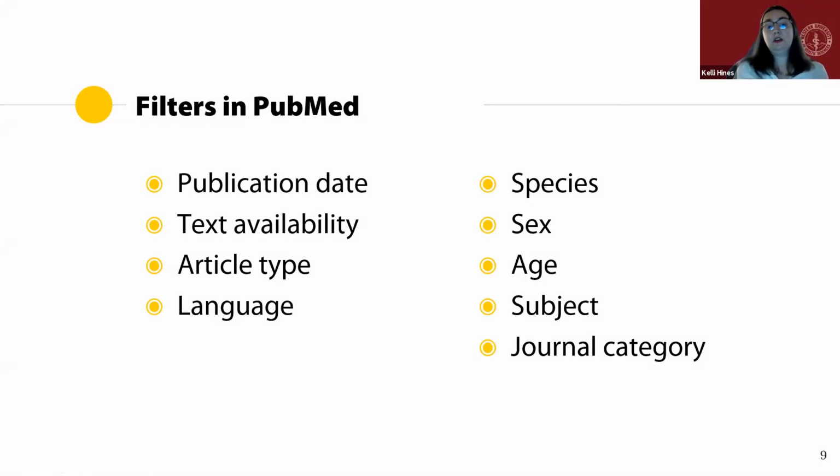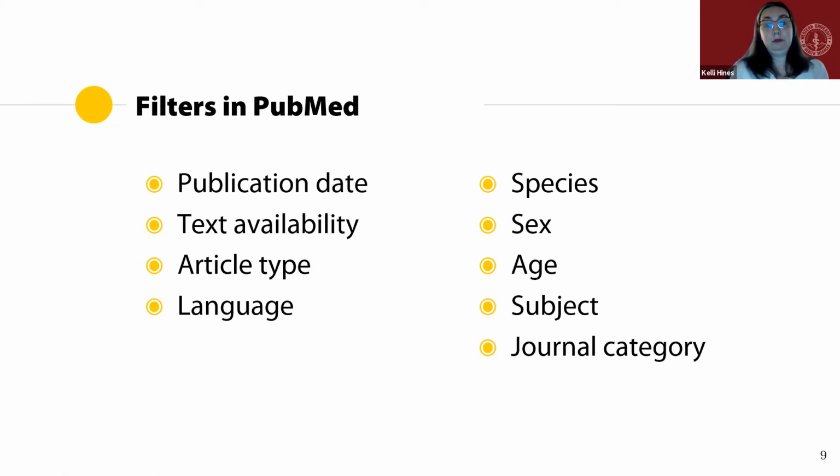So some of the filters that are available in PubMed, you can filter by publication date, by text availability. I encourage you not to do this except in cases of emergency. For example, if you need it today, then you can filter by full text. But the danger is that you'll eliminate relevant results that you may actually have access to through your library.